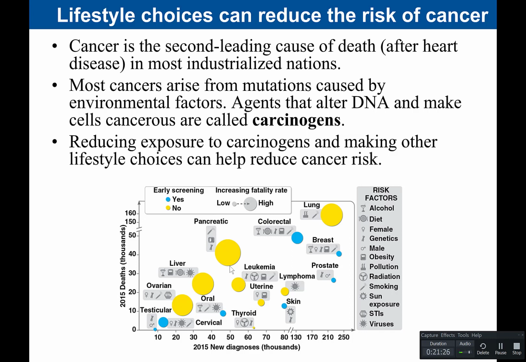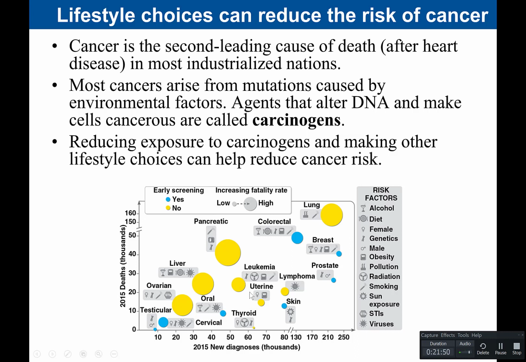The other thing about this graph is that it also shows you risk factors for different types of cancers. So if I look at breast cancer, for example, the risk factors associated with breast cancer would be alcohol consumption, being female, genetics. So again, if you have that BRCA1 mutation, obesity, cigarette smoke.